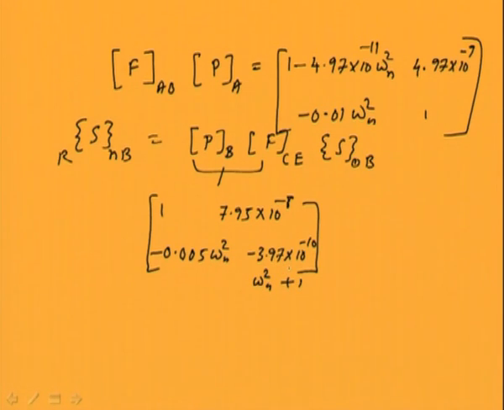Similarly we can get the overall transfer matrix for C as the point matrix for B and the field matrix for BF, that is having this form.